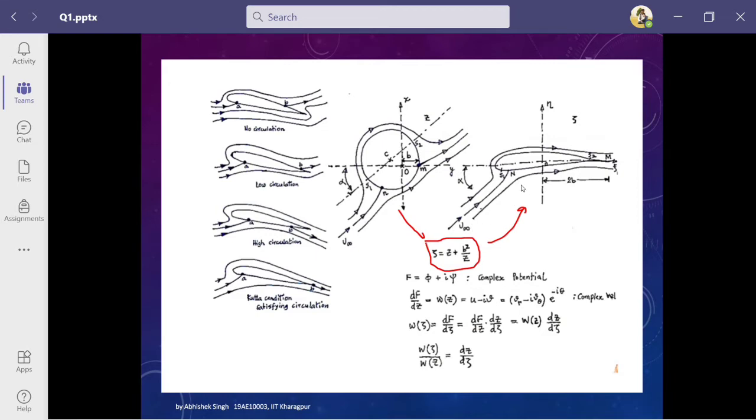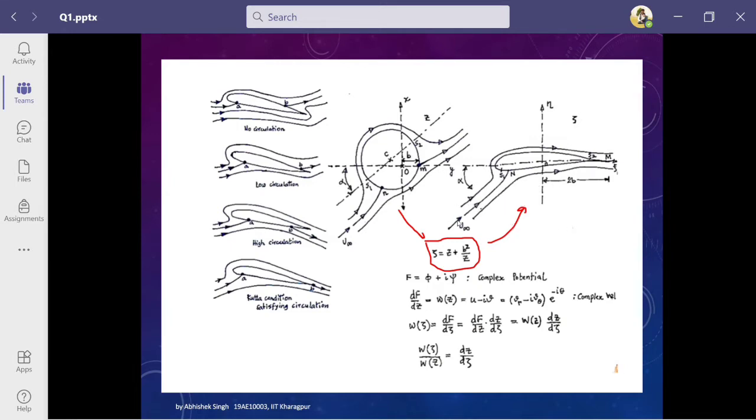So what we have done is put an airfoil at an alpha angle of attack in the wind tunnel.